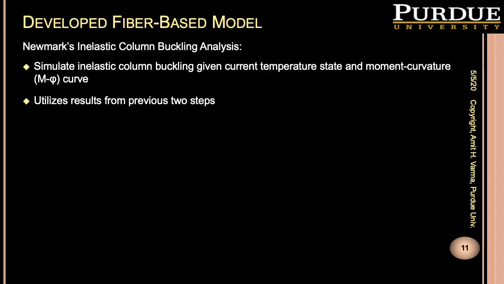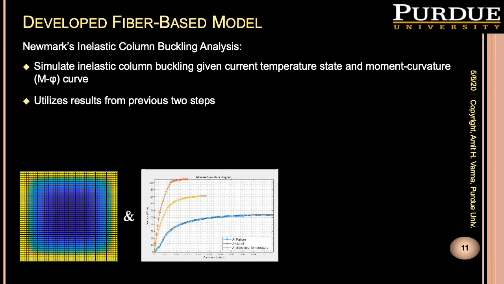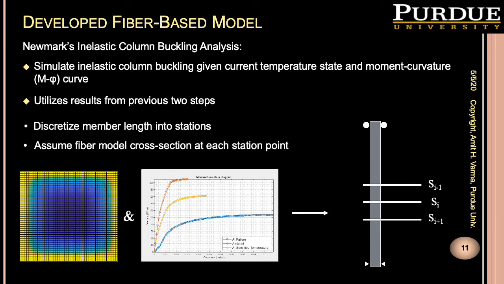The members, like columns or walls, are discretized into several stations along the height. Up to here, we have calculated the element's temperature in the cross section and created moment curvature diagrams in the last two steps for the stations along the height of the members.